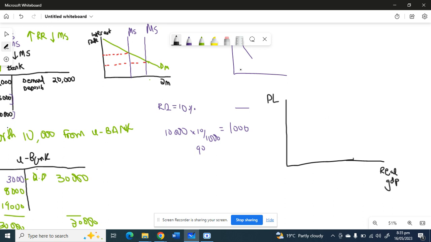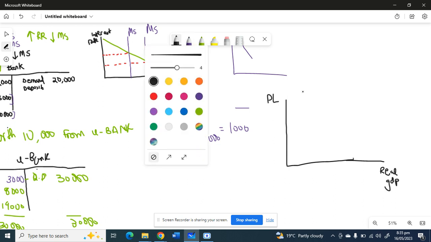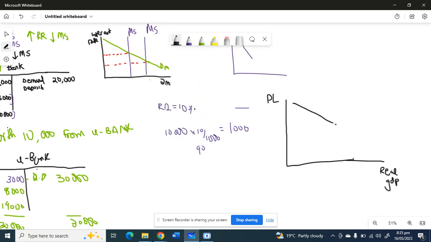We have our downward sloping aggregate demand curve. Aggregate demand is the total demand for goods and services produced within the nation, or you can think of it as total expenditure on goods and services produced within the nation. At high price levels, less expenditure. At low price levels, higher expenditure.